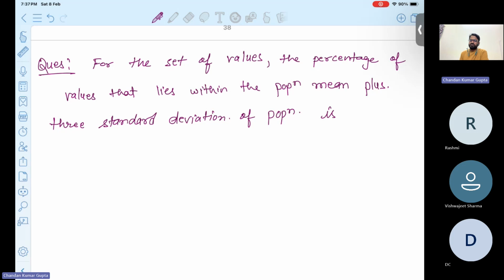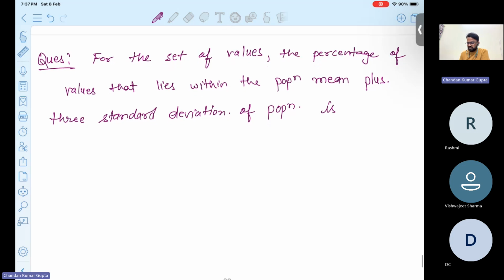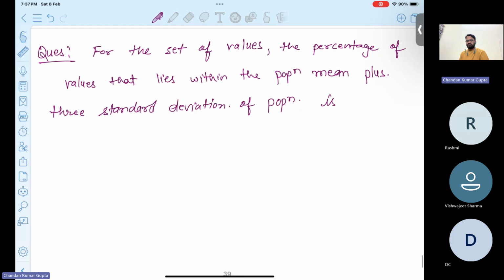Okay. So again, we don't have the information regarding the distribution of the random variable. We only know the mean value and the standard deviation, which may be any quantity, and three times that. So actually, this is a very well known question. I will discuss after solving this question.